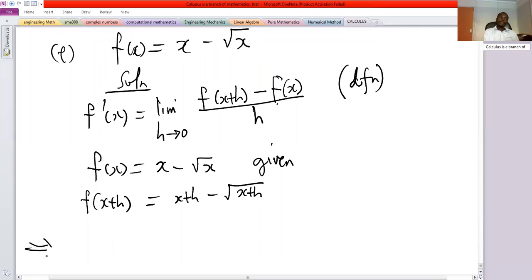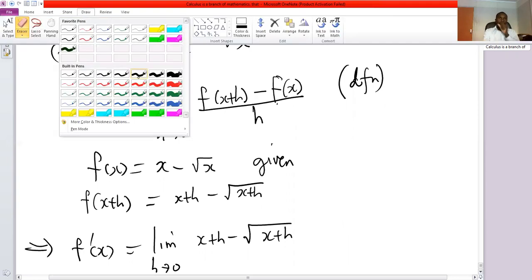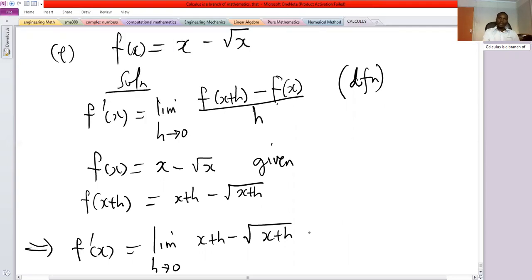So this means f prime of x will be the limit as h approaches 0 of x plus h minus the square root of x plus h, minus x, and then this minus will be plus. So let me just do it directly: minus x plus root x, divided by h.